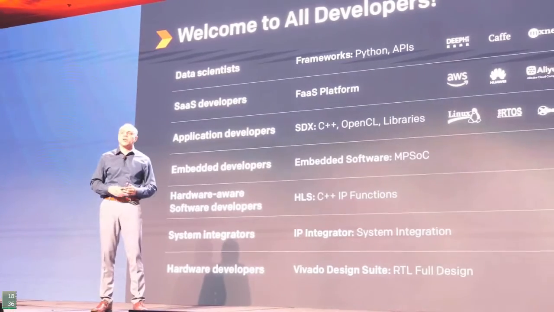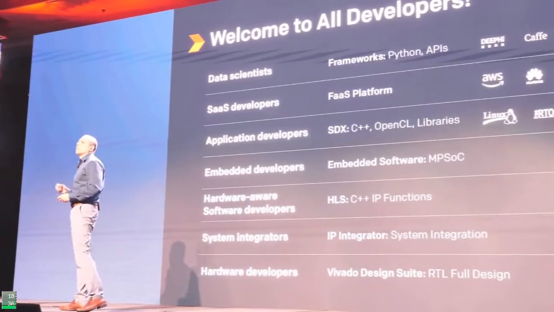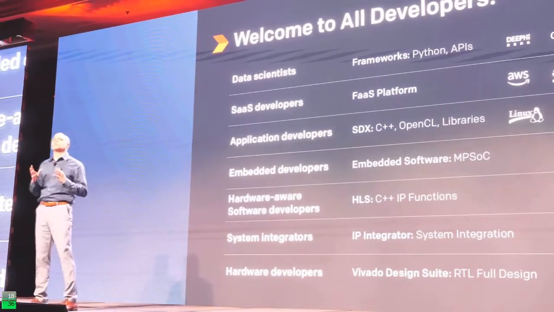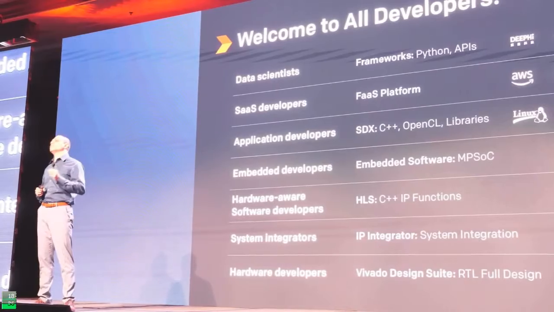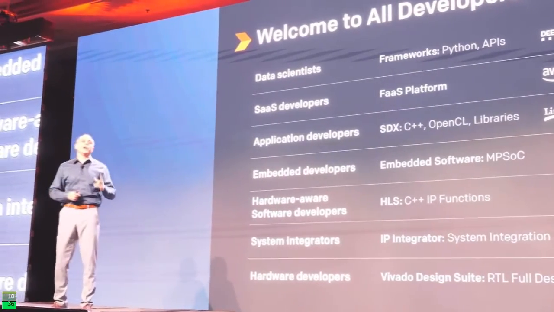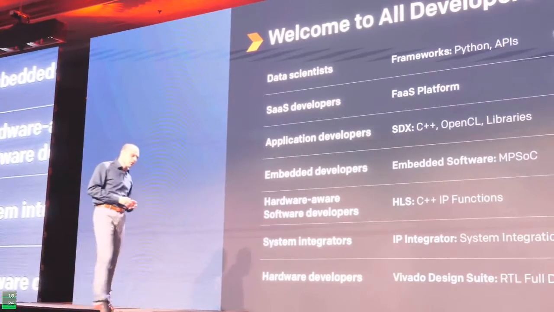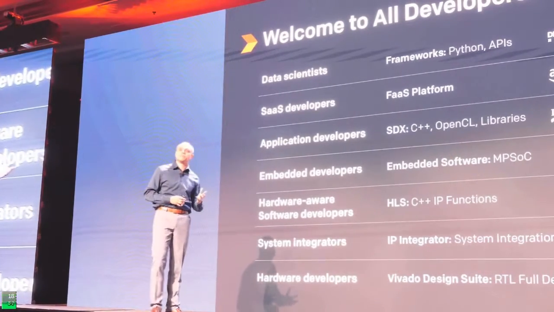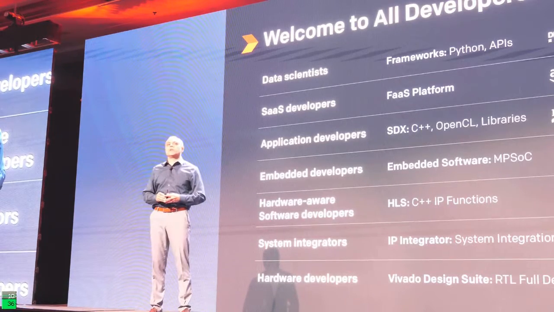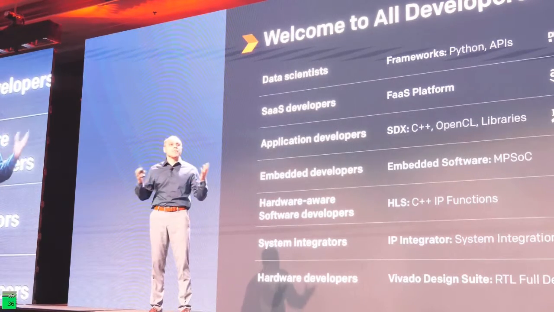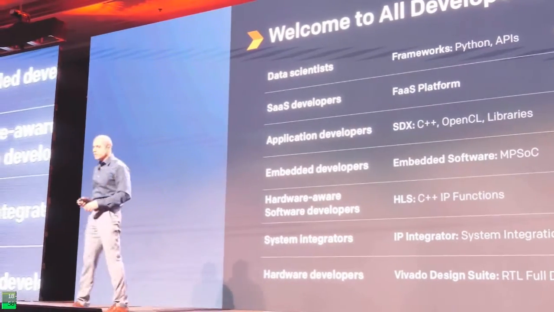I also do believe that we are at an incredible inflection point. Tools, IP, and silicon are coming together to make AI feasible in cloud, edge, and the endpoint. So today I'm going to give you an overview of AI, talk a little bit about some of the challenges in AI, and then talk about how Xilinx overcomes these challenges.